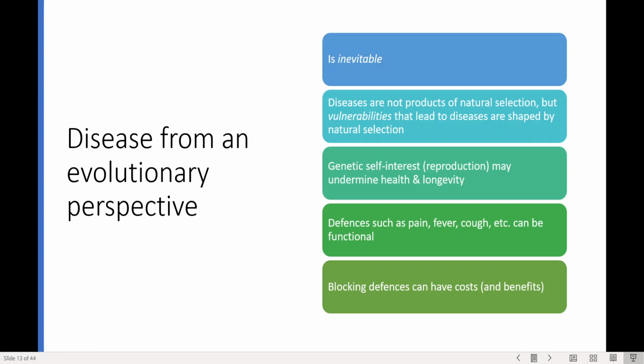So this is an important feature also if we think about the idea that there are these objective indicators like high temperature or perceptions of pain. They often are defense mechanisms in reaction to something else. Right? So these are some important first insights about diseases from an evolutionary perspective.